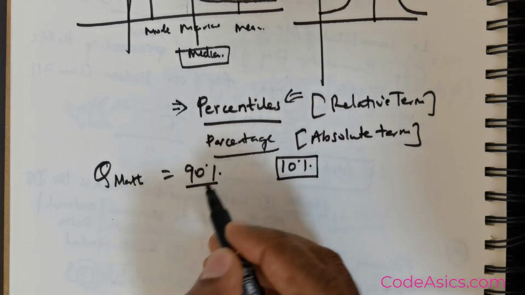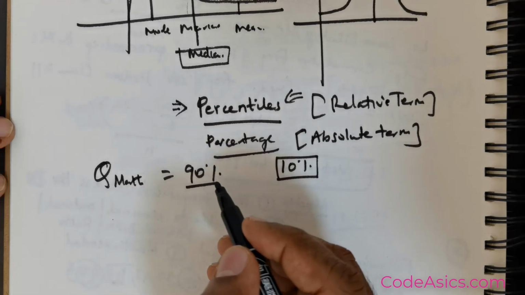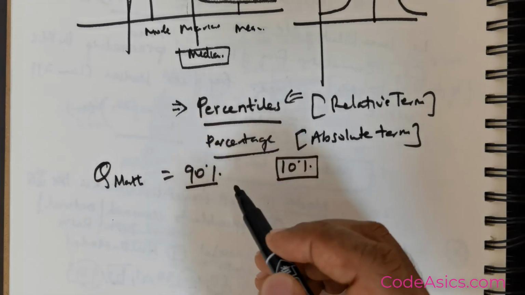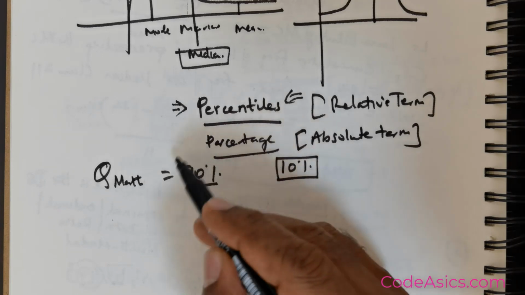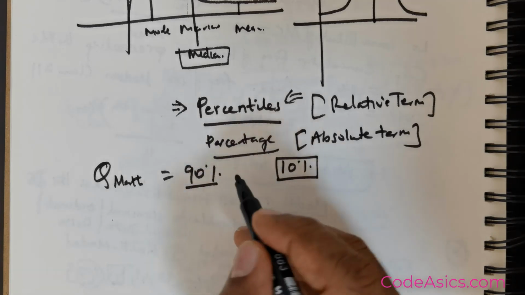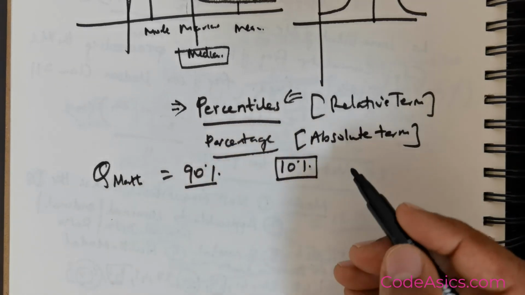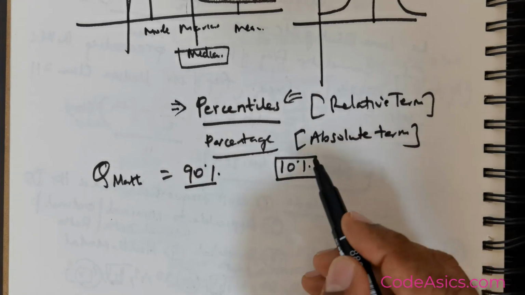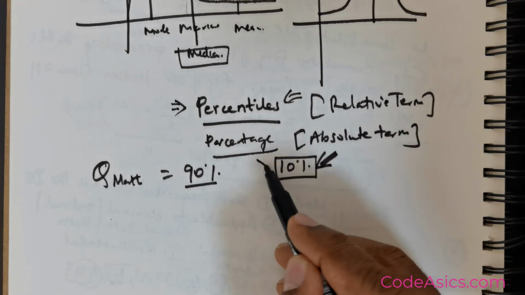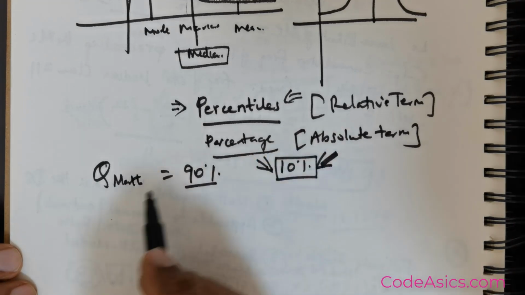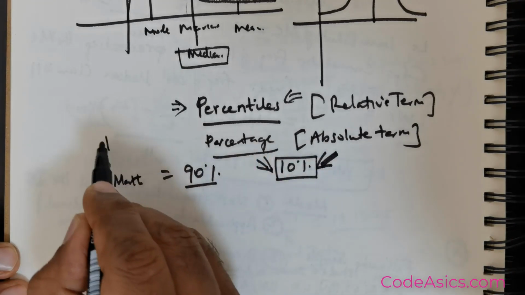So this is a good score. 90% of the questions asked in the paper are known to the student, and the student has scored a good absolute value of 90. And of course, 10% of the paper is not known to the student. So that is the understanding when you say percentage.